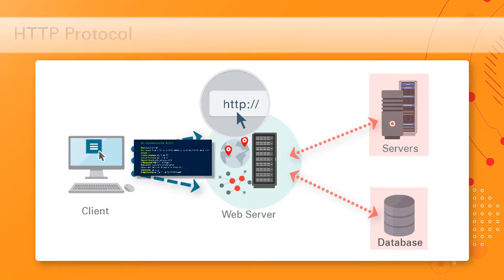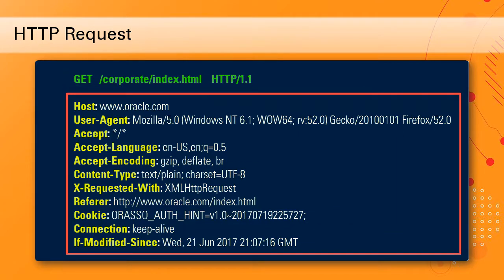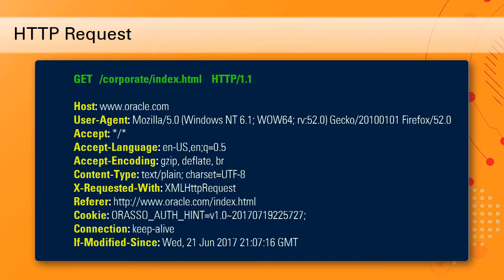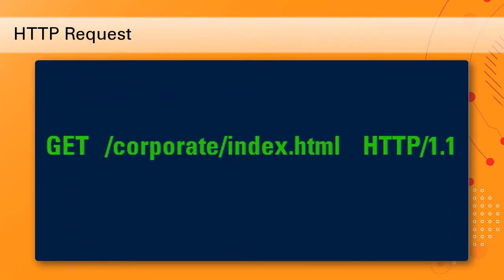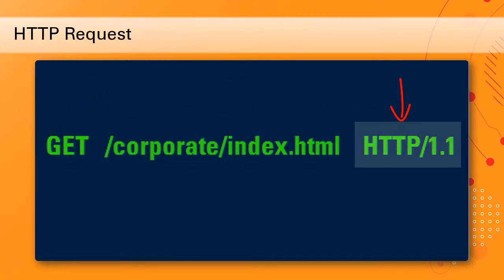The request contains information that is sent to the server to know what resource the client wants, the action to execute on the resource, and even a body that can contain anything that you may require sending to the server. The HTTP protocol defines the request to contain the following information: the request line, which is composed of the method, the request Uniform Resource Identifier, and the protocol version.